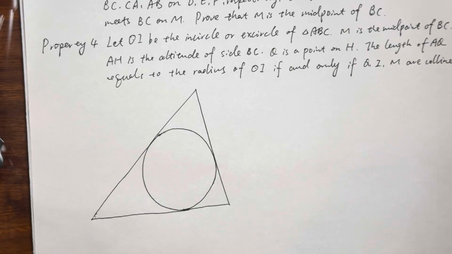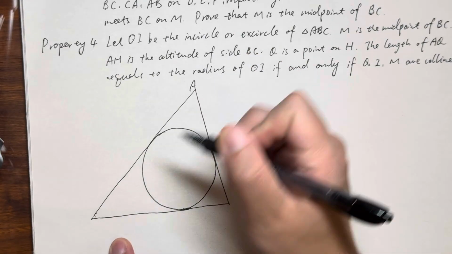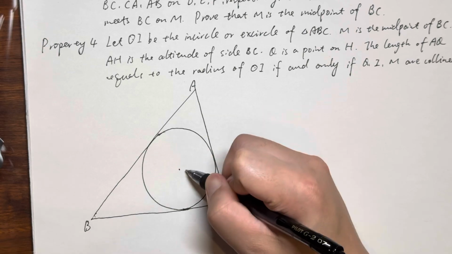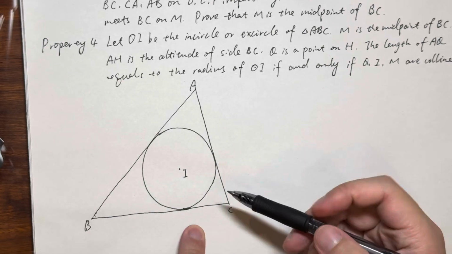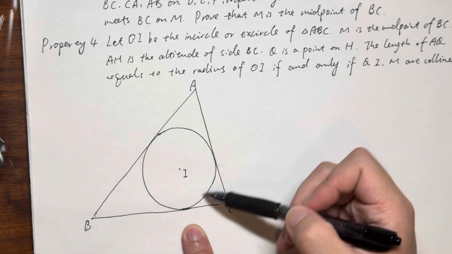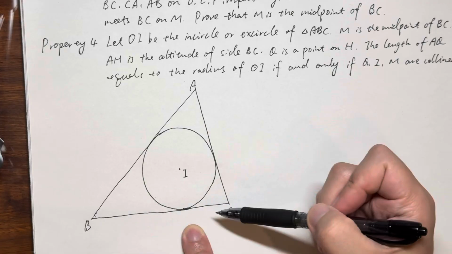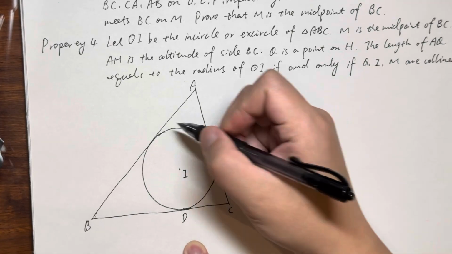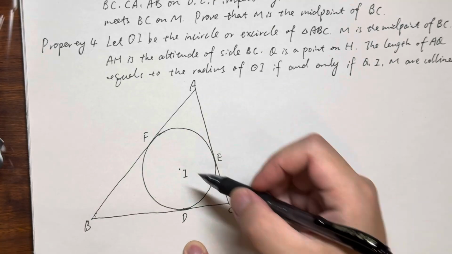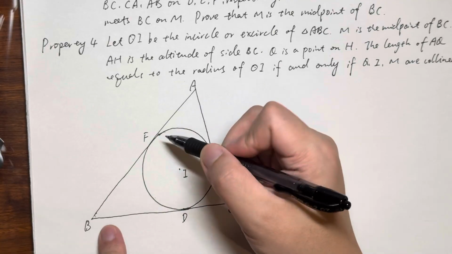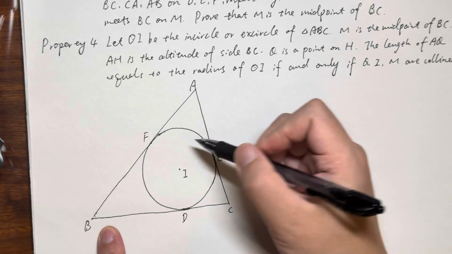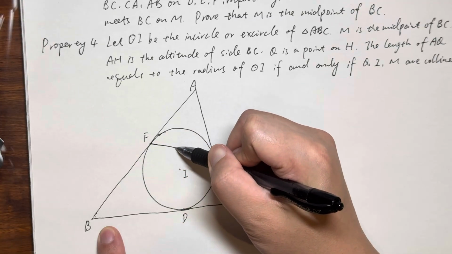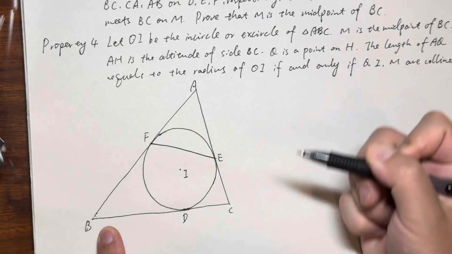Okay, this is our triangle ABC and circle I. Circle I is tangent to BC, CA, AB at D, E, F. And we connect EF.